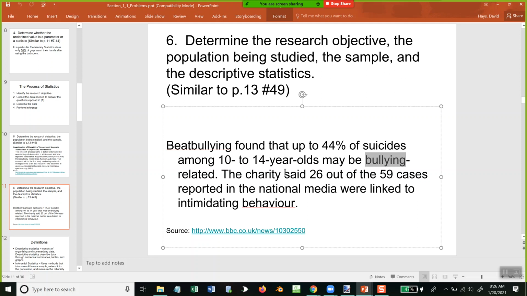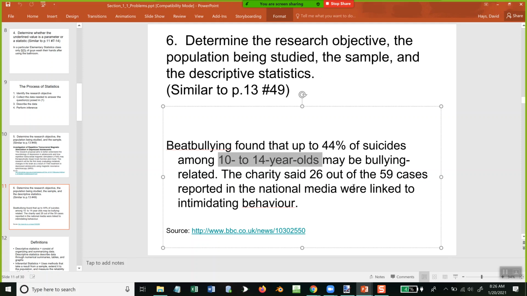It's kind of morbid, but we're studying 10 to 14-year-old deaths. So, obviously, can you ask them? Can't ask them, right? So you have to find some other way to do it.